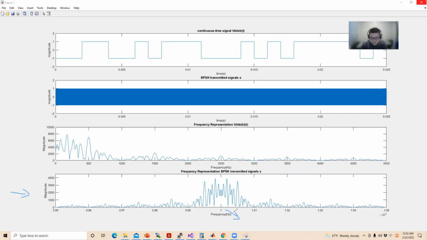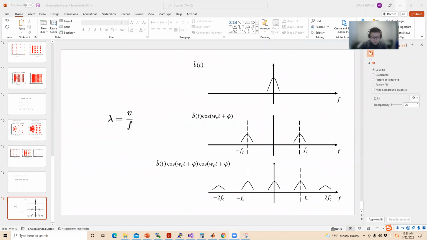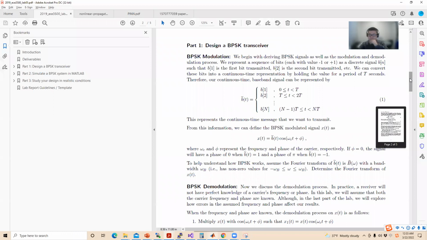So here you can see, here is FC. That's correct, right? Okay. So let's see what we need to do. Oh, we need to demodulate that.